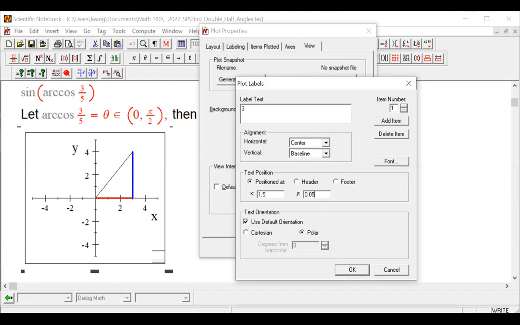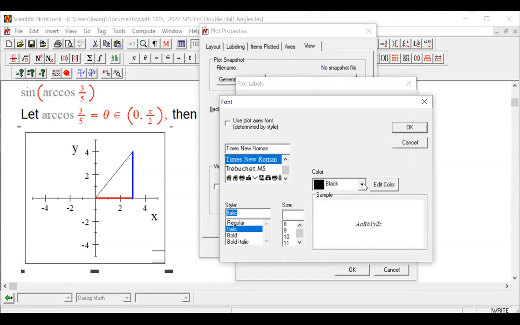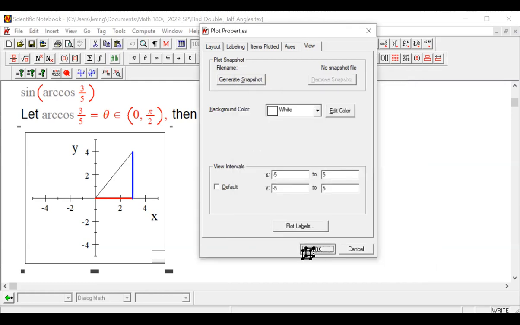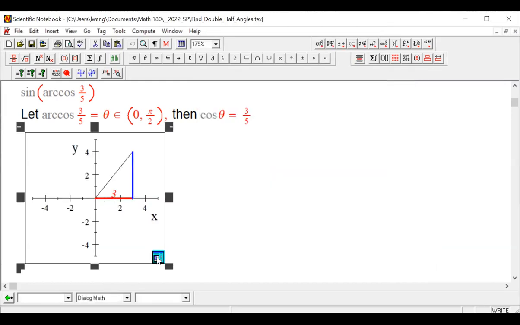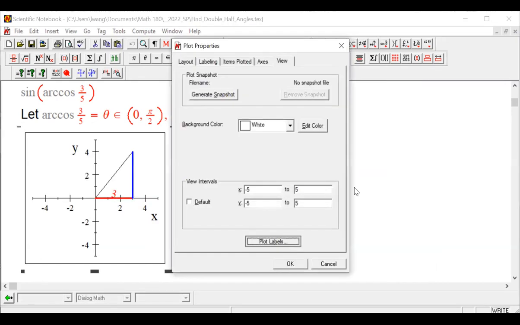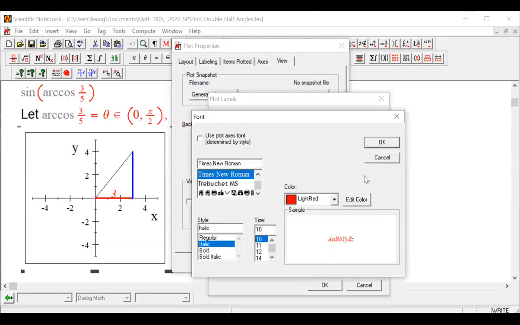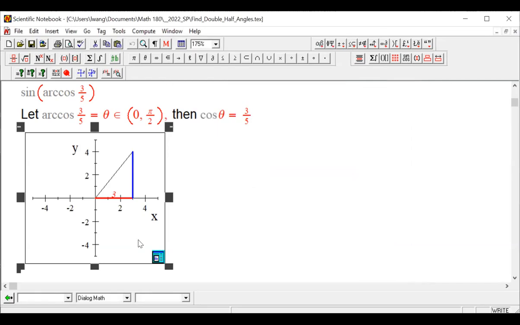So I'm going to make these markings on the picture like I used to do. So this is the red piece, this piece is 3. How come the 3 is so big? I should make it smaller. Okay, so that's a 3.